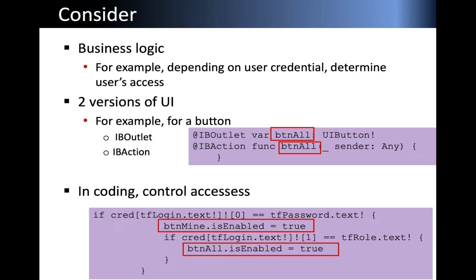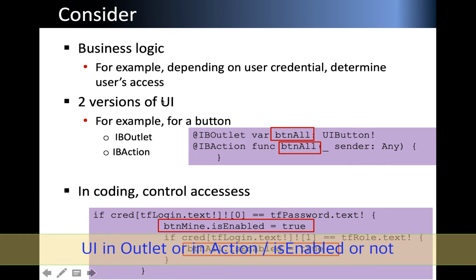The consideration for this is for the UI. When you create a UI for an action, for example a button, it takes an action in response to user behaviors, right? So usually we declare these action components of that UI.